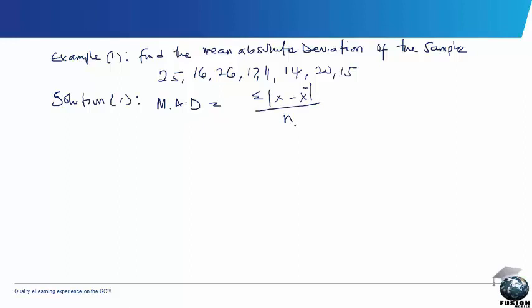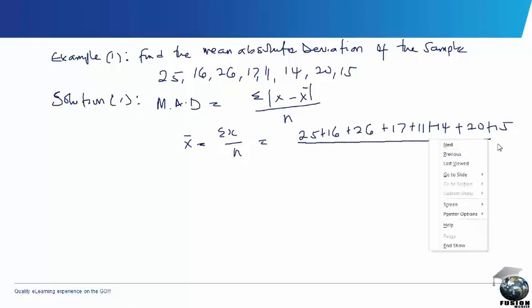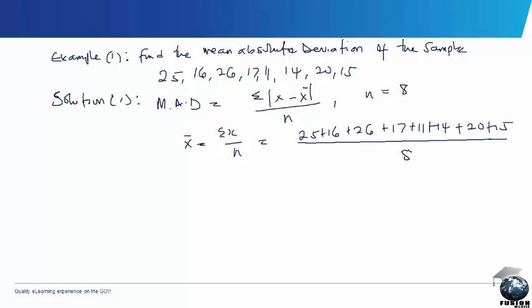We can find x bar by summing all the numbers divided by n: 25 plus 16 plus 26 plus 17 plus 11 plus 14 plus 20 plus 15, all over n. Counting 1, 2, 3, 4, 5, 6, 7, 8, n is equal to 8.